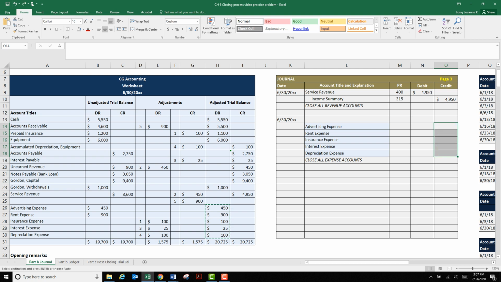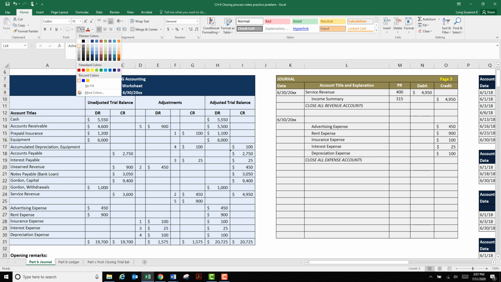I was thinking those were formulas. But I could do cell reference equals this one, and then I could do a fill handle. So are there ways to not type all of that in? Yes, absolutely. These are credits, so I'm going to indent, and they were coming from blue to gray, but I'm going to make them gray.